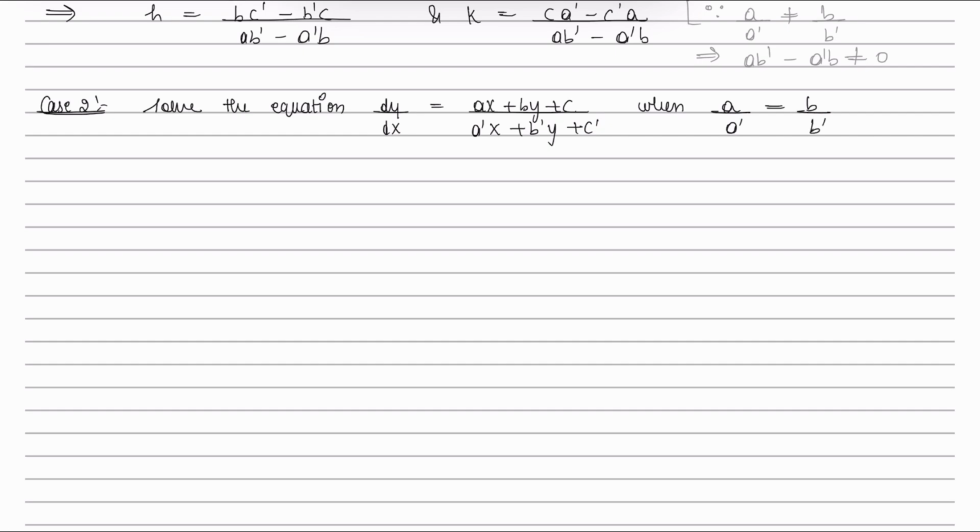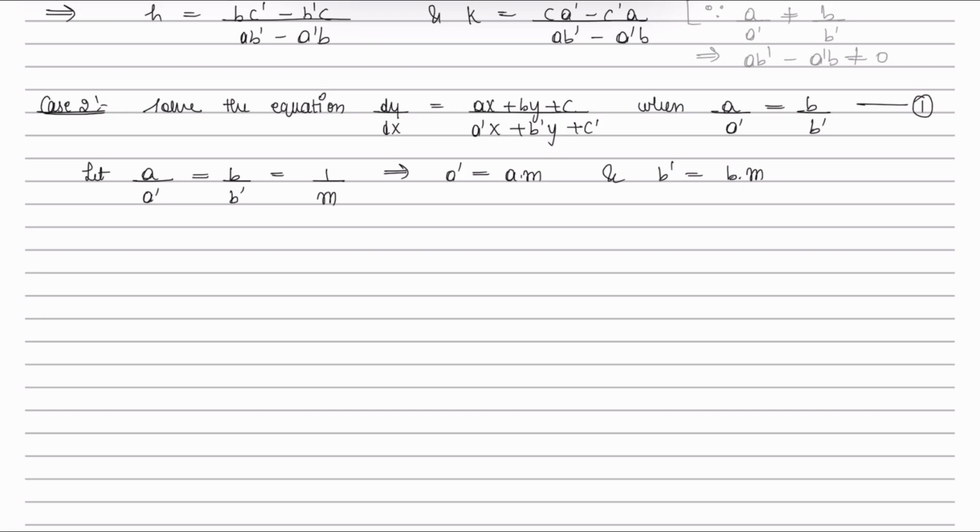In this case, we let a upon a dash equal to b upon b dash equal to 1 upon m. Then the value of a dash can be written as a into m, and the value of b dash as b into m.